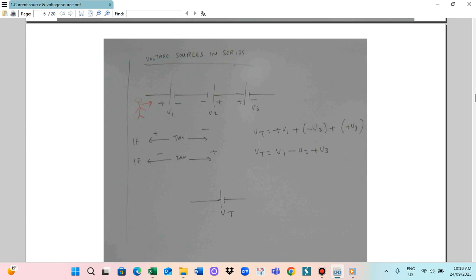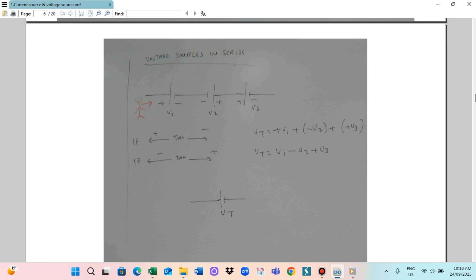So you work through the network like this. You see the positive V1, then you see the negative and then the positive. So you write positive V1, negative V2, plus positive V3.